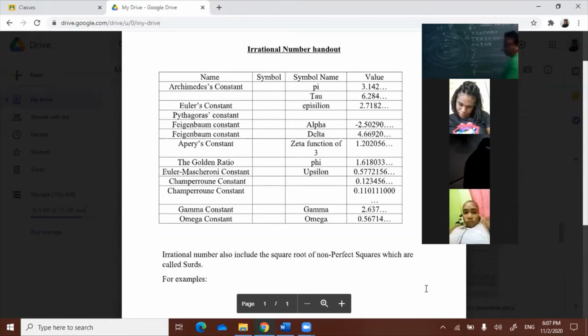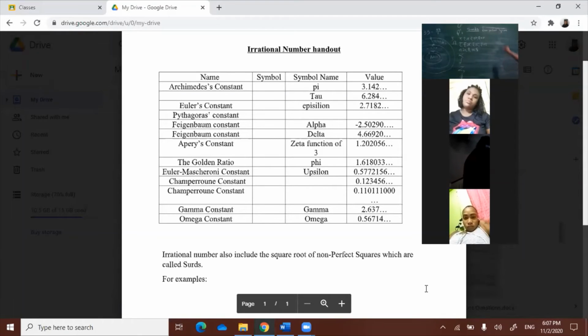In other words, if you have a number, and when you square root the number, you find out it is not a perfect square, then it becomes automatically a surd.